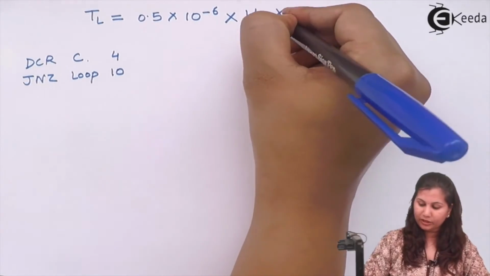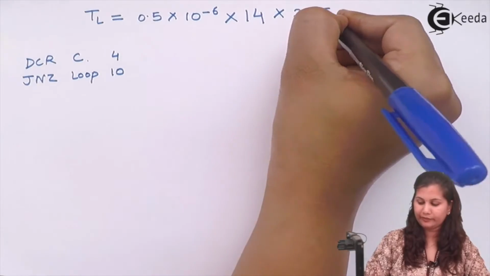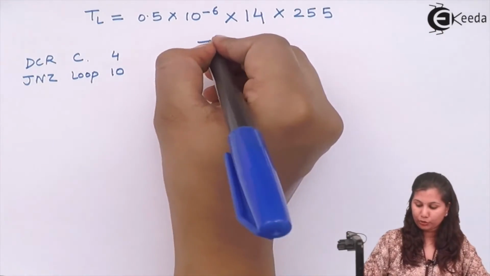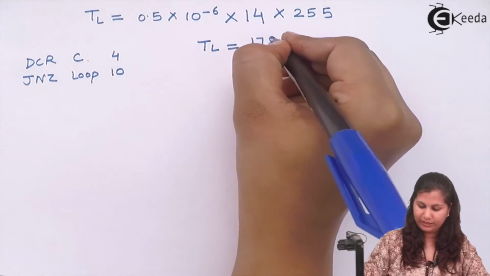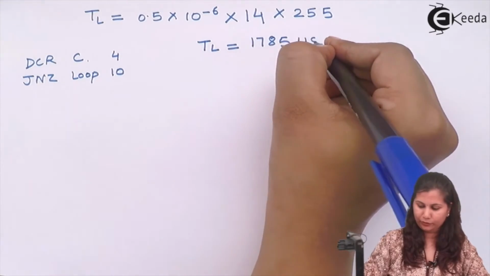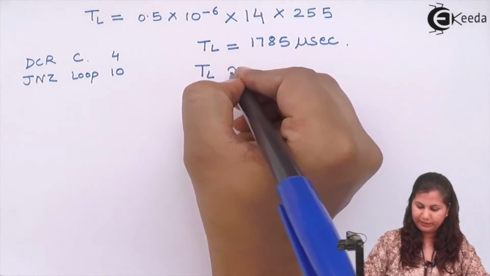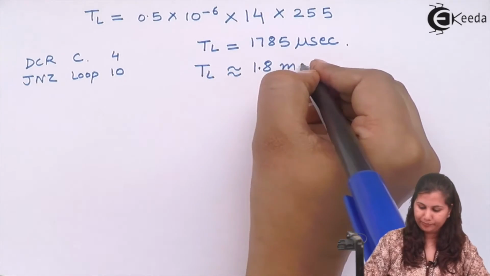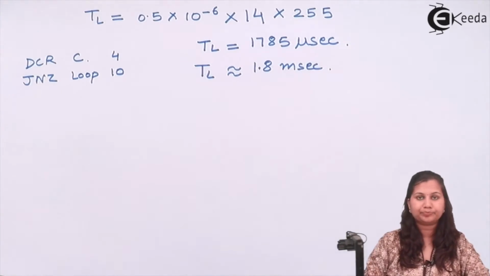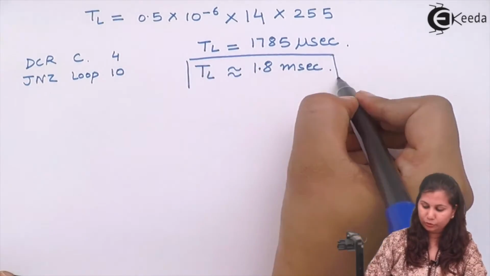Then we have N10, the equivalent decimal number, that is 255. So the loop delay is coming out to be 1785 microseconds, or if we convert it to milliseconds, approximately 1.8 milliseconds.